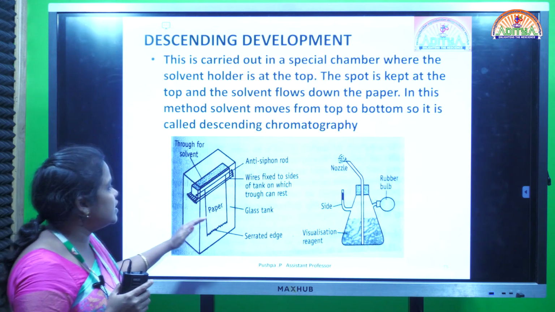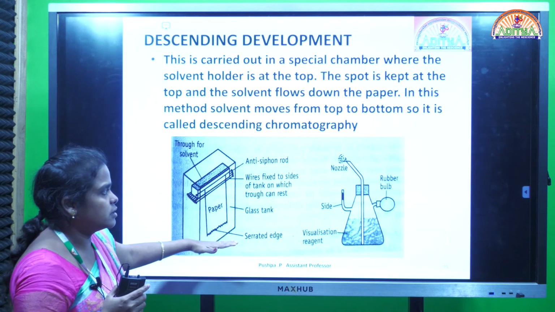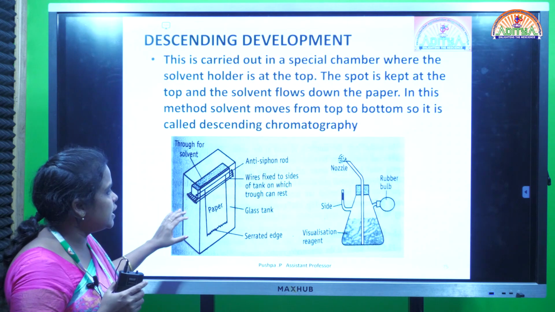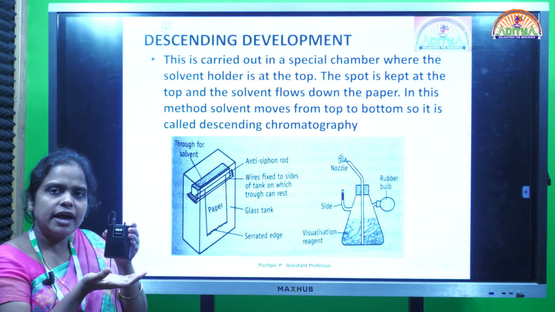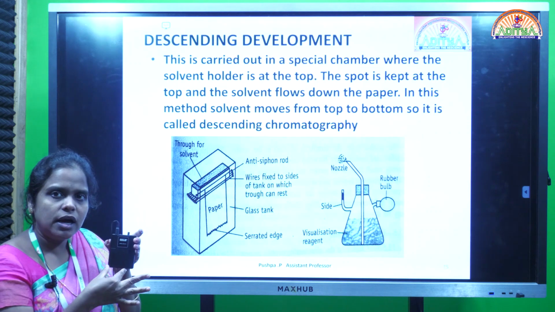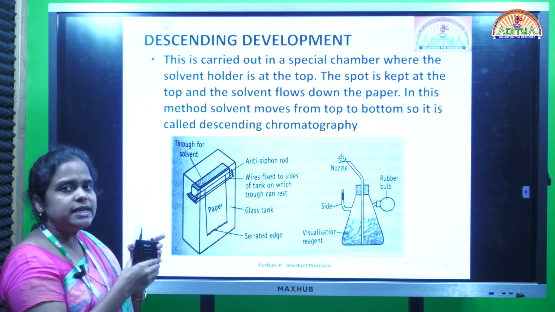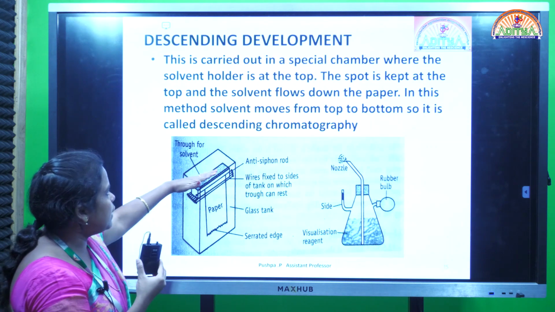That means we will keep the paper like this in an inverted position. Understood? Normally in the ascending technique, we take one beaker and mobile phase, and we keep the paper, and the elution takes place like this. But in descending, we will take one beaker in the upper position.